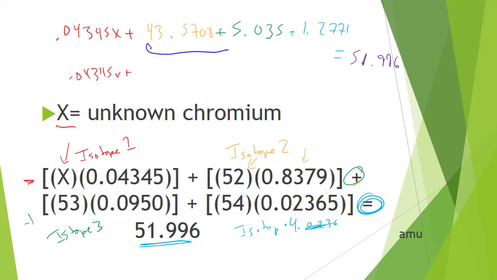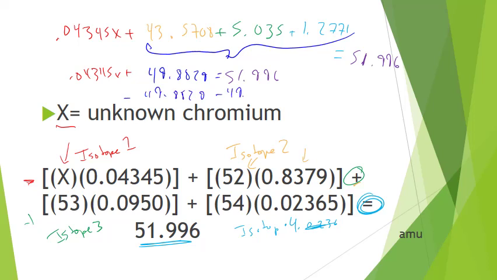All of these together is equal to 49.8829, and that is equal to 51.996. So now we subtract 49.8829 from both sides.